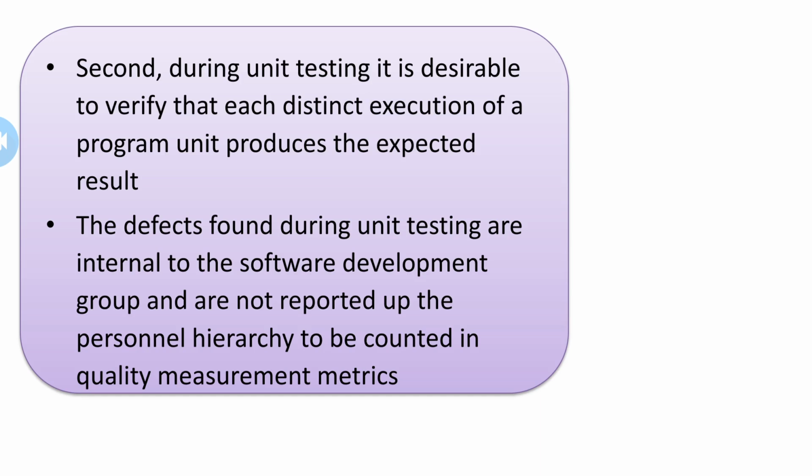This goes to the development team, and the development team studies and finds out where the defect was and tries to fix it. That means its quality is a little bit low compared to the qualities given like availability and reliability, according to the threshold values. So, the defects found in unit testing are not reported because they have been solved internally.